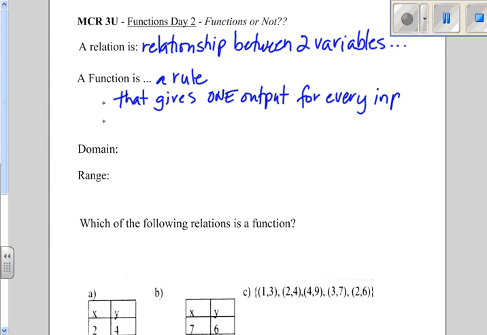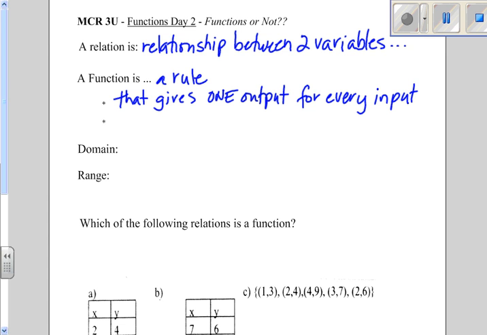For instance, if you buy 5 chocolate bars, there's not a choice of cost. It's $2. It's not $2 or $10. There's only one answer when you buy 5 chocolate bars.